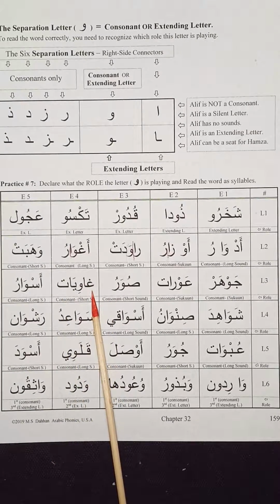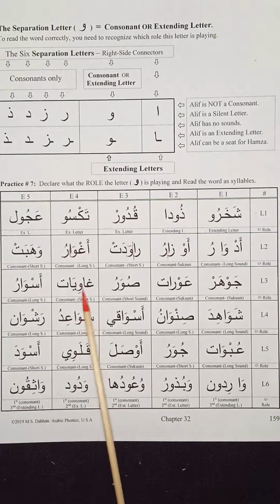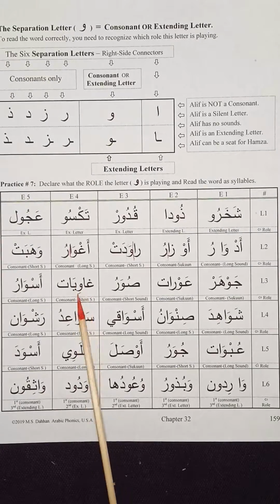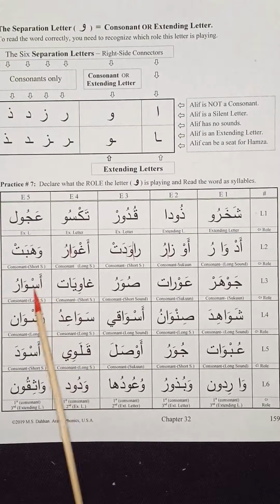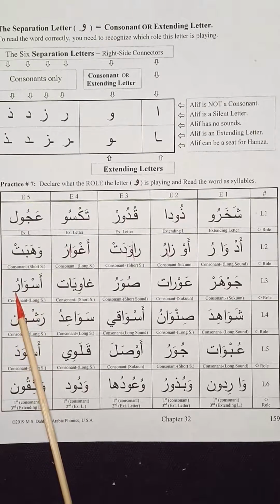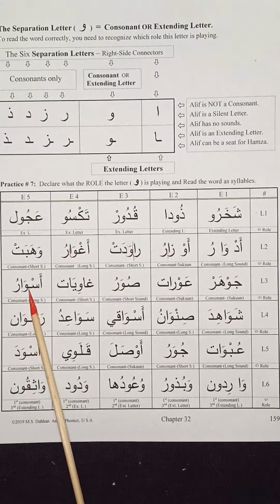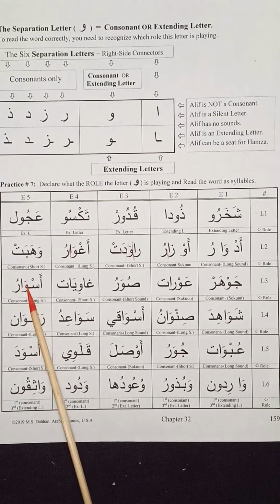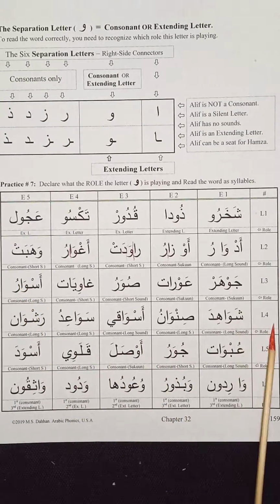That's 1 syllable. We is a short sound, so it is a consonant here. S, wa, ru. It is a consonant because it's a short sound that becomes long.